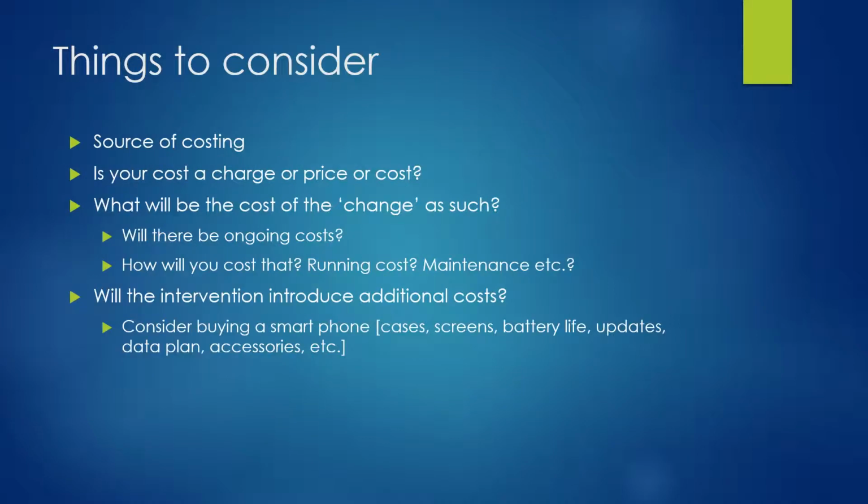Now, things to consider in costing: the source of costings. A lot of the time, sources of costings are published for the NHS, and they are available online. You also need to find out if the cost is a charge or a price.